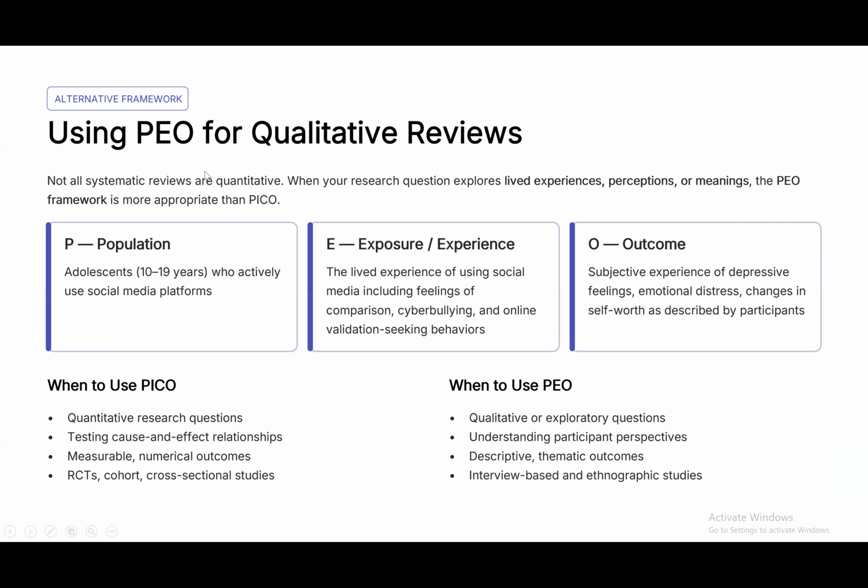So we have PEO for qualitative reviews, and of course, not all systematic reviews are quantitative, right? So what we are trying to say is that you might ask me what model is going to be suitable for my work. Definitely, I'm going to answer that. But the idea here is just for you to get that. Okay, there are also other models for your systematic review.